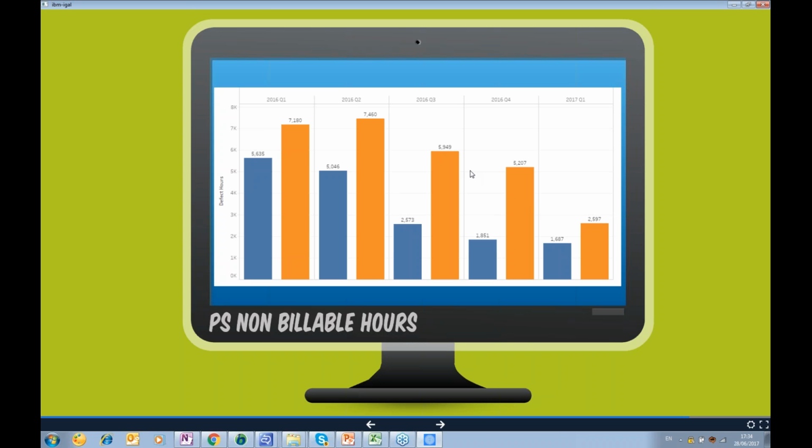So PS are facing much fewer product issues. This is, by the way, not the absolute number. This is in hours that they are reporting. But we can see that there are less and less hours that they are spending because of product quality issues, which is another important indication for us, which we couldn't achieve before moving to Agile.